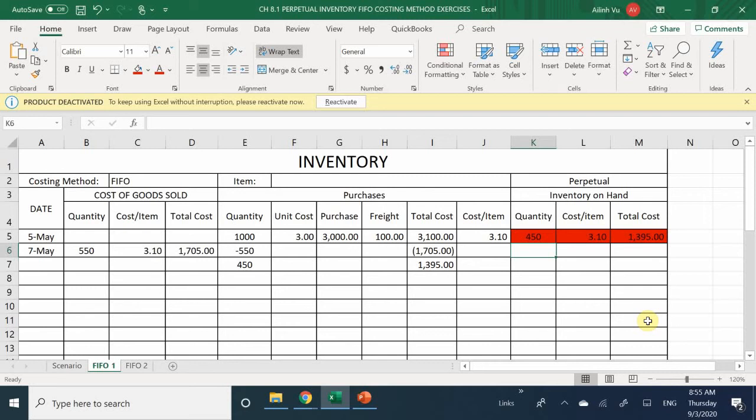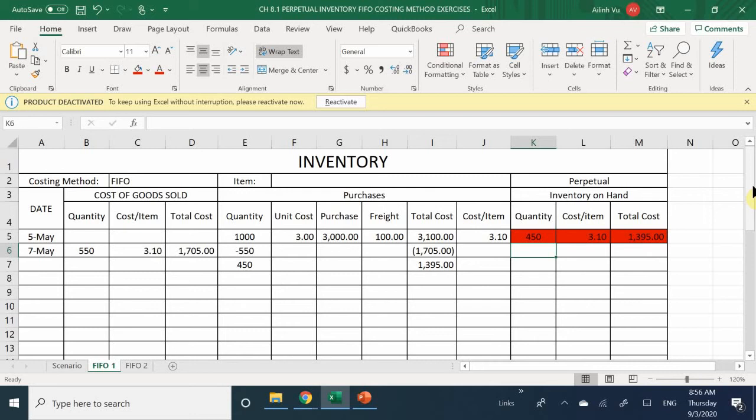So the first entry you put on the inventory on hand would be whatever was left from the purchase. Because this is pretty much right here, inventory on hand. What do you have in inventory at the very current moment? In my middle section, I'm placing in my work so I know what I did here.